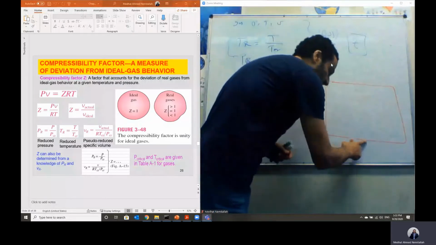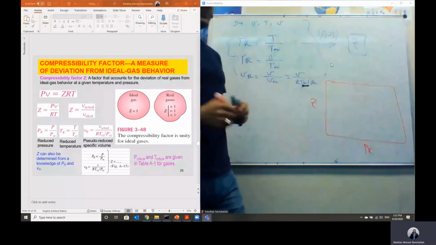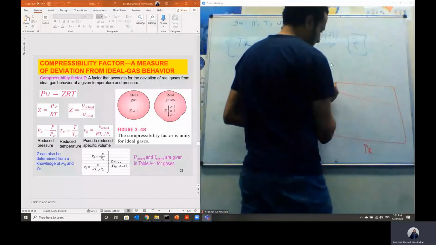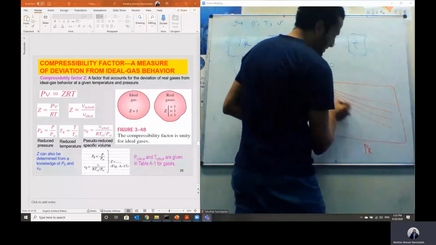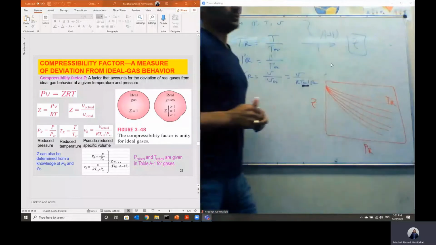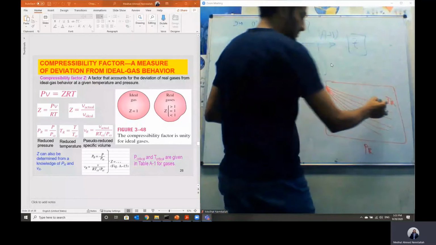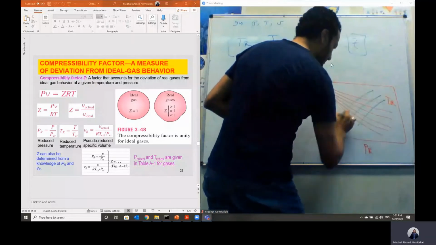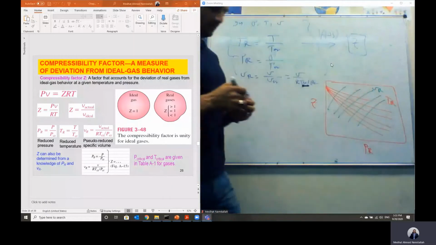This is the vertical axis, and the horizontal axis is the reduced pressure. For different values of reduced temperature, each of those lines represents a value of the reduced temperature T reduced. Also in this chart, you will find the normal lines to the reduced temperature representing the value of the reduced specific volume.